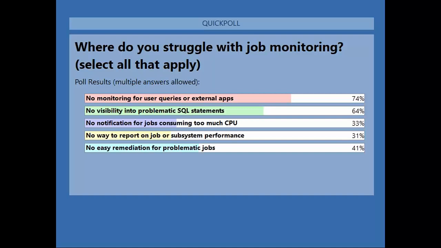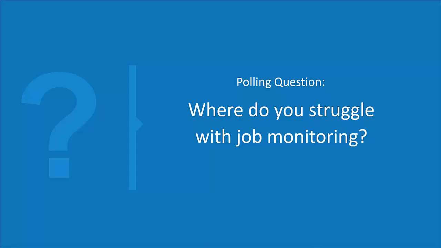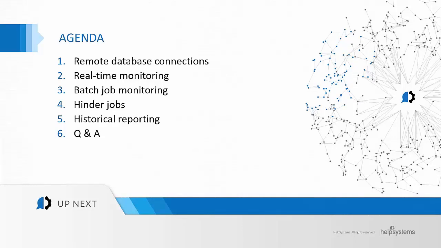Yeah, and actually the rest of the webinar is going to be pretty fast-paced. We've got a lot to share, so let's hide that and dive into our agenda. First of all, we're just going to spend a minute talking about the remote database connection itself. Then we'll dive into real-time monitoring.